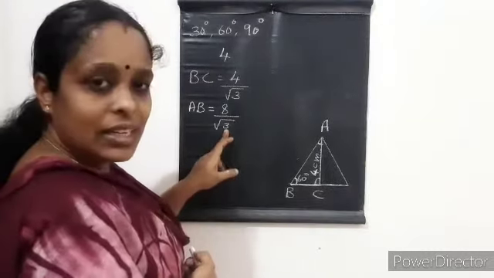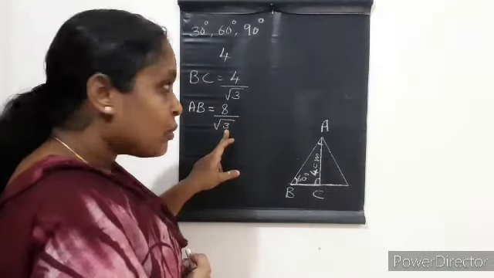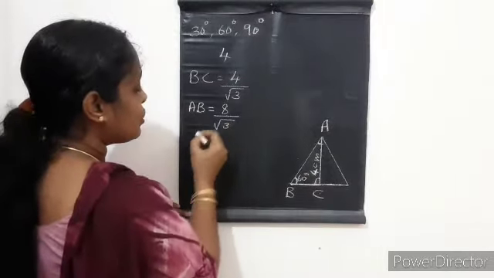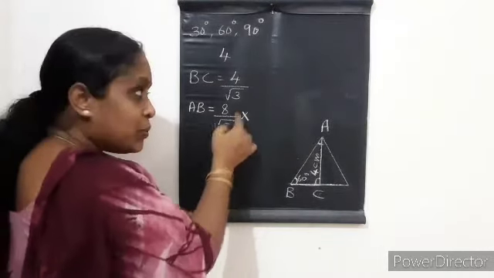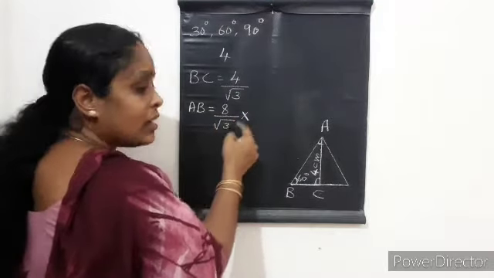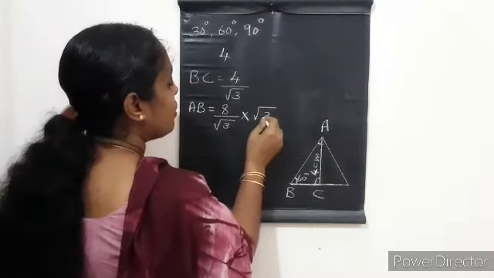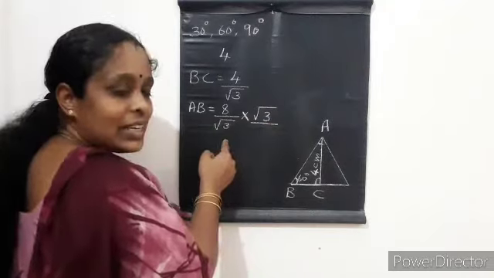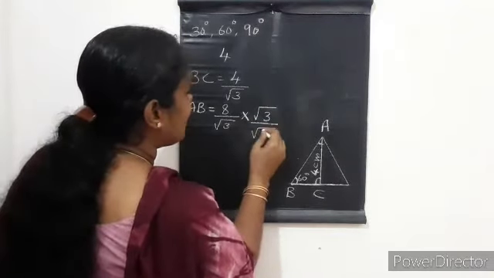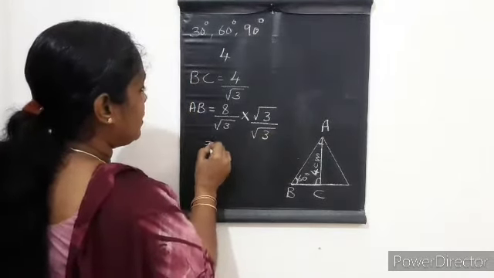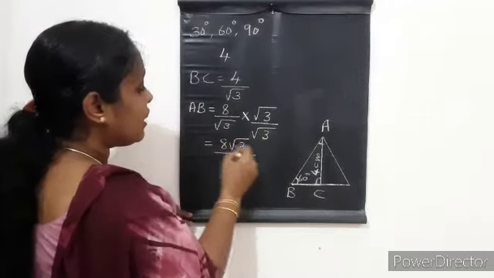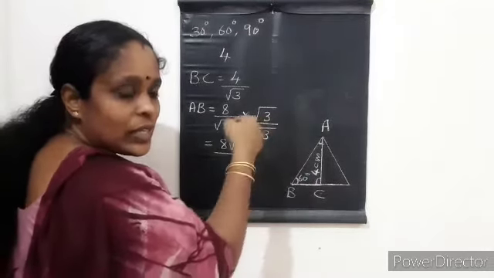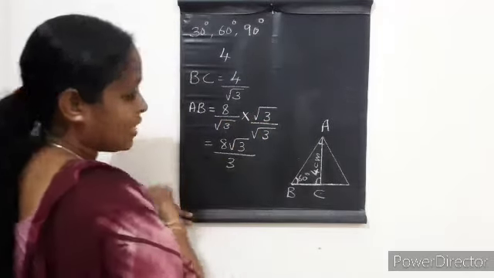Now we want to give the value of root 3. Before that, what we want to do? We multiply the numerator and denominator by root 3 to make the calculation easy. So this is 8 root 3 by root 3 into root 3 is root 3 square, that is 3.